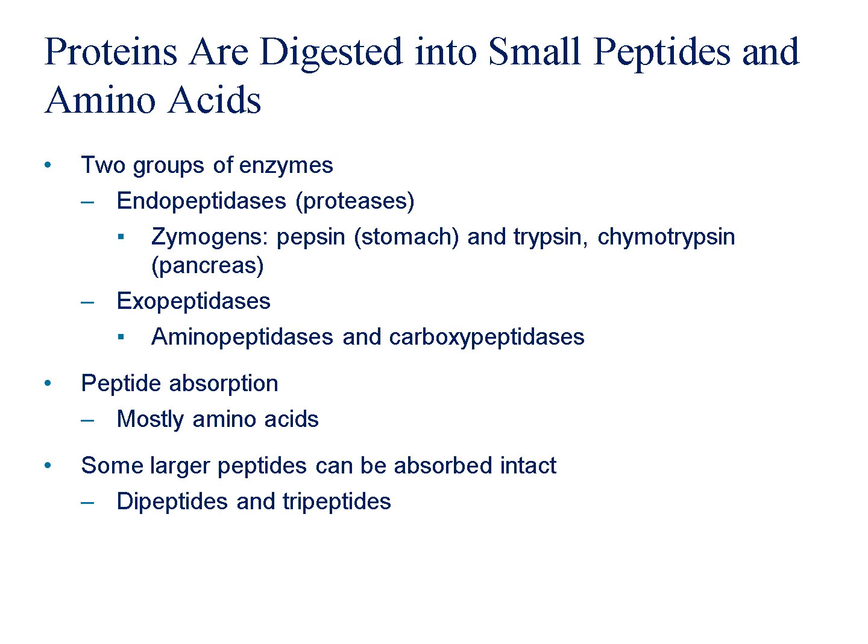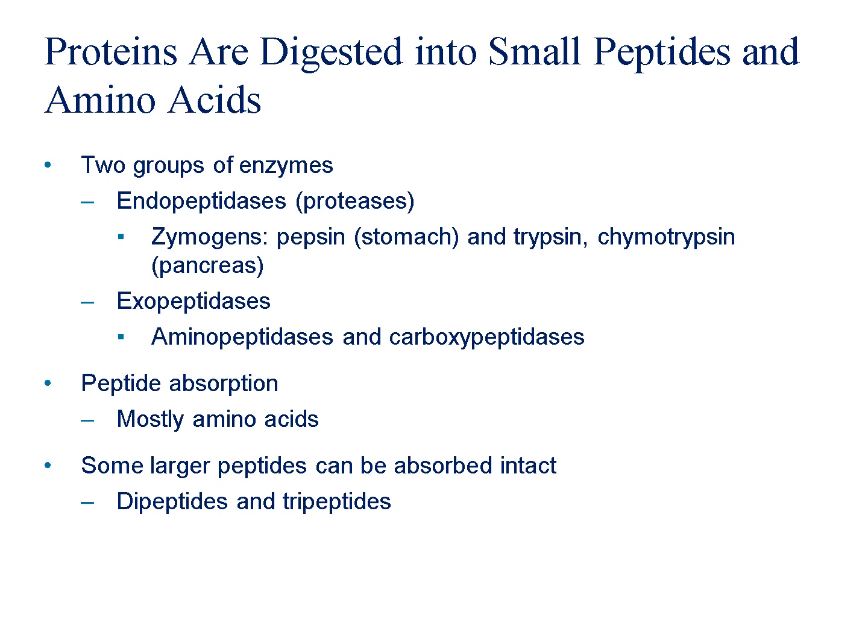These include aminopeptidases, which cleave amino acids from the amino terminal end of peptides, and carboxypeptidases, which act on the carboxyl terminal end. Once proteins are broken down, peptide absorption occurs primarily in the form of free amino acids, which are transported across the intestinal lining into the bloodstream.